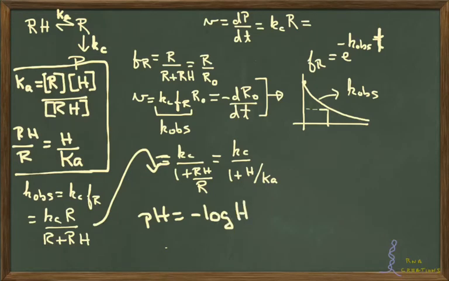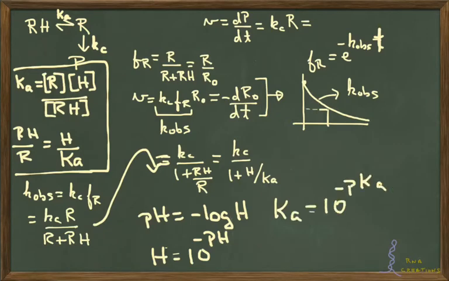And then solve that for H. Okay, so H is equal to 10 to the minus pH. And likewise, Ka is equal to 10 to the minus pKa.